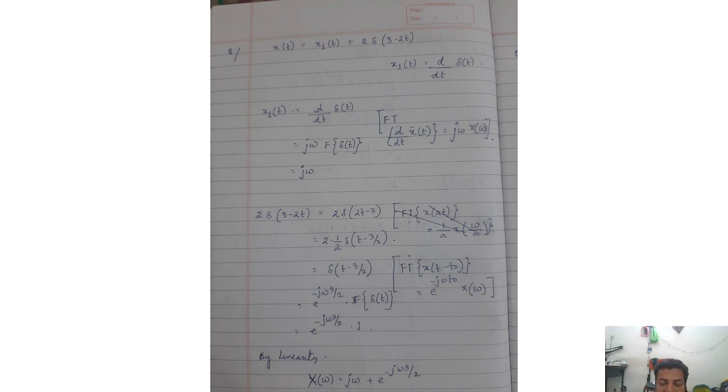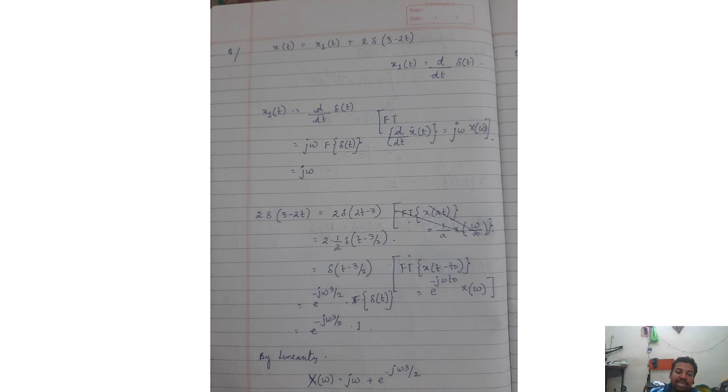So by using this property, the Fourier transform of del(t minus 3 by 2) can be written as e to the power of minus j omega t naught, and here t naught is equal to 3 by 2, into the Fourier transform of the original signal, that is del(t), and we all know that the Fourier transform of del(t) is equal to 1.